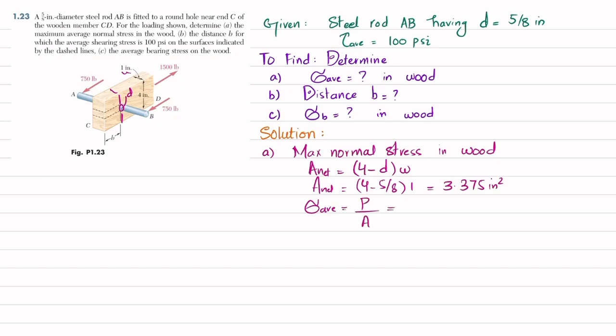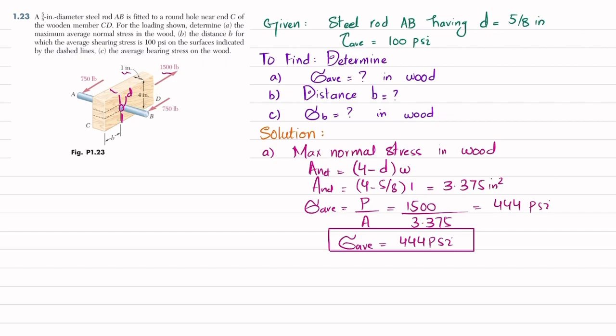So load is given as 1500 tensile force. So 1500 divided by net area 3.375 will give you 444 psi. So this is the answer of our first part, that average normal stress in wood is 444 psi.